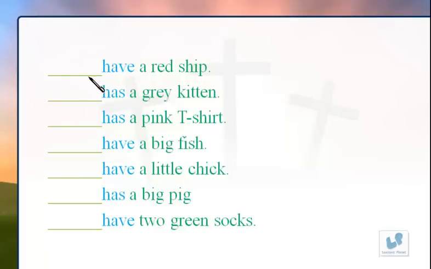The first sentence, dash have a red ship. Now we will see that with what all persons we can use have.